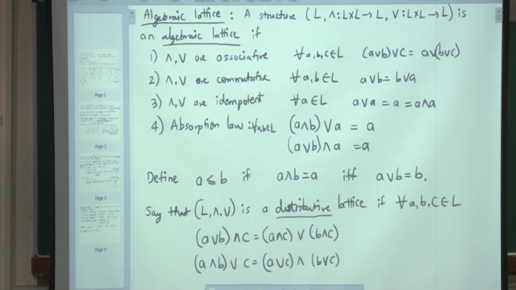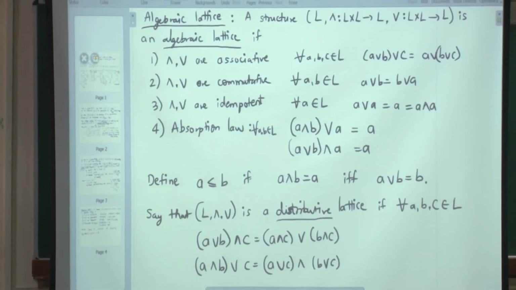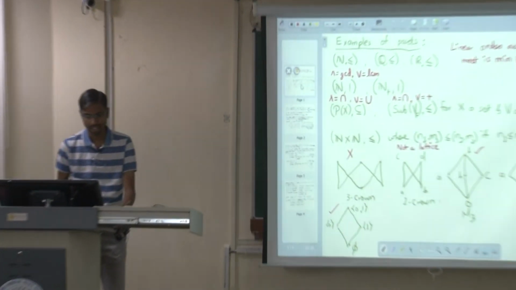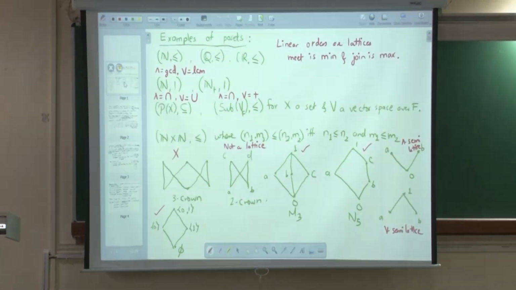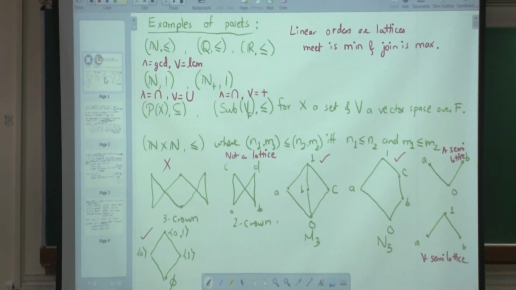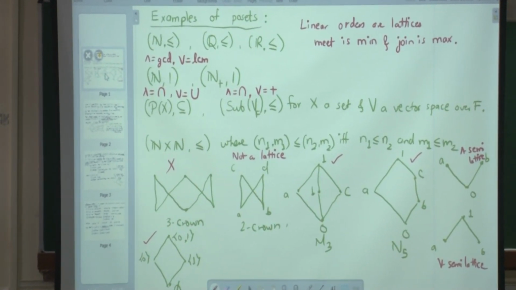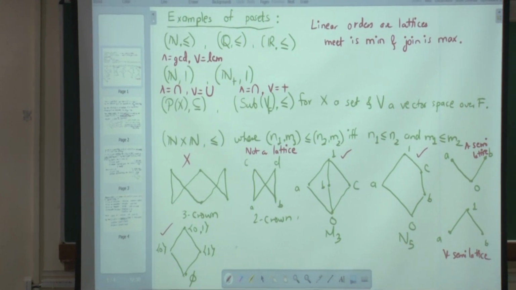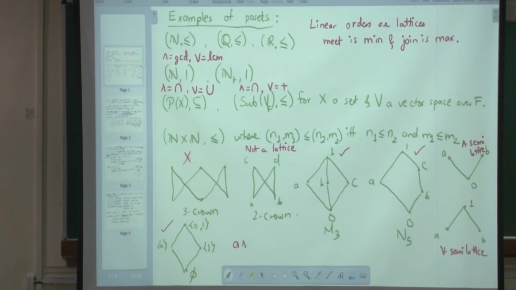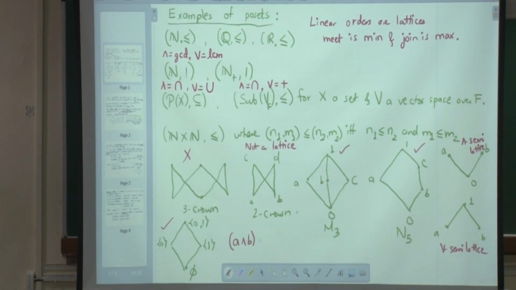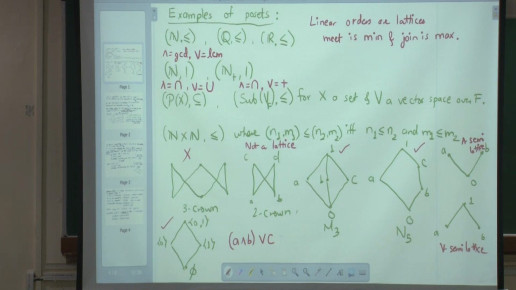Okay, so let us look at one example. Let me go back to the first slide. Let us look at M3. In M3, tell me what is A meet B? 0. And if I take its join with C, what will I get?